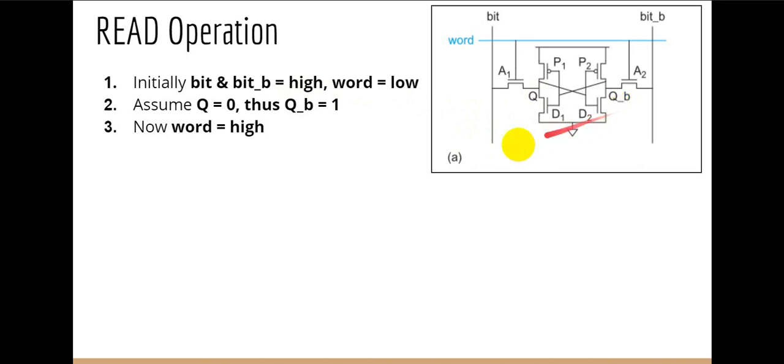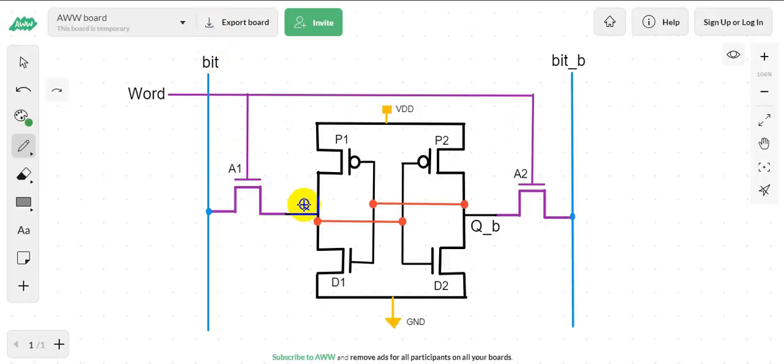Now word is high. So what will happen? Let me draw this for you. Q is 0, Q bar is 1, bit and bit bar are both 1, and initially word is 0. When the word is initially 0, those access transistors remain off, so there is no connection between this Q node and the bit.